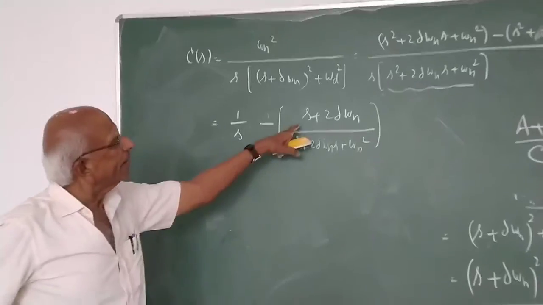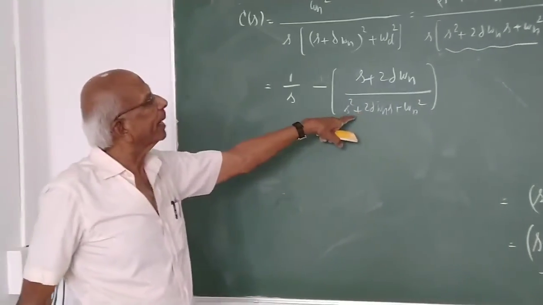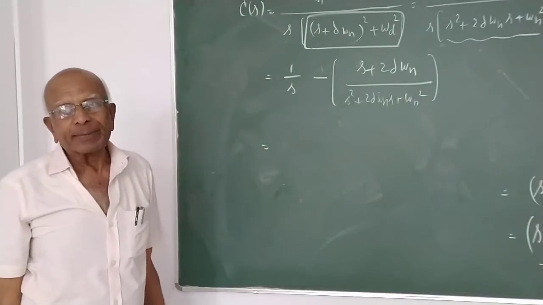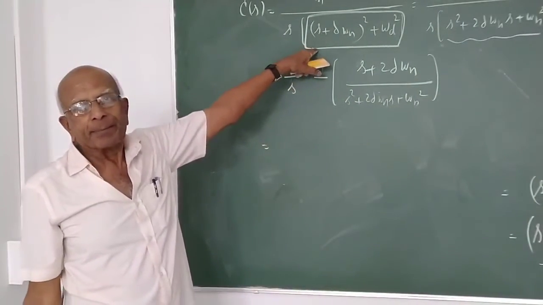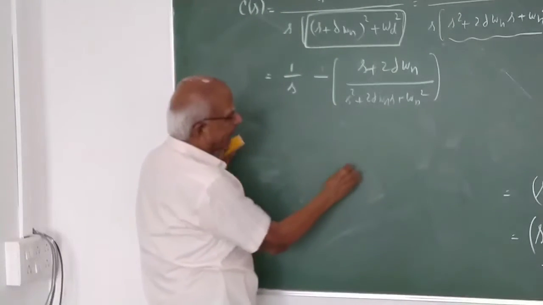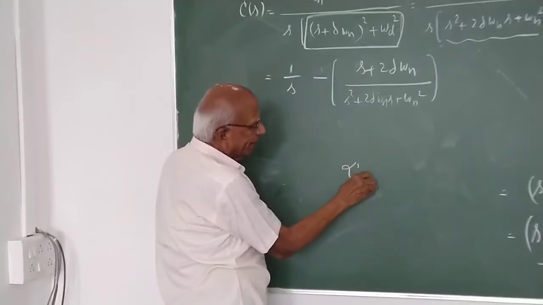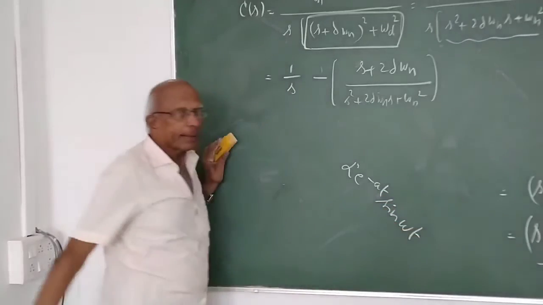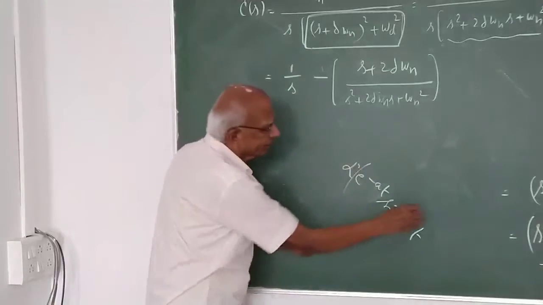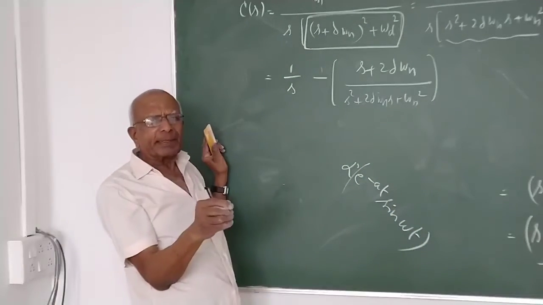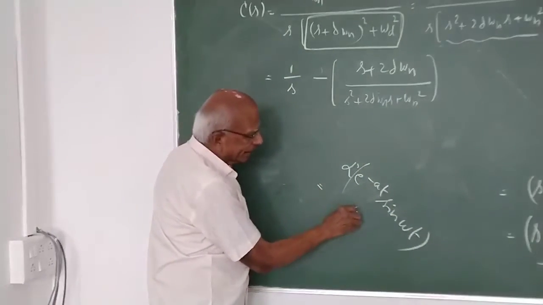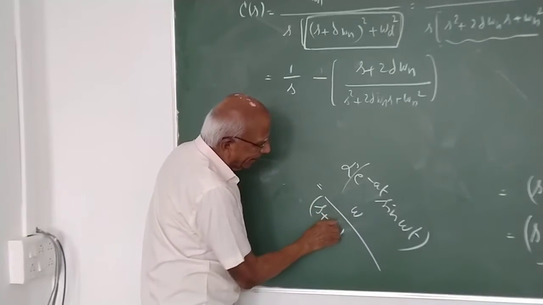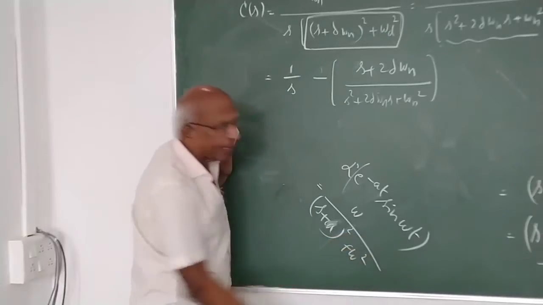Finally, this I am going to write. Please remember, whenever you get expressions like this in the denominator of any fraction, it will indicate the presence of a function like this. Hope you remember the Laplace of e to the power of minus at sine omega t. Just remember the final answer: it is omega over s plus a whole squared plus omega squared.